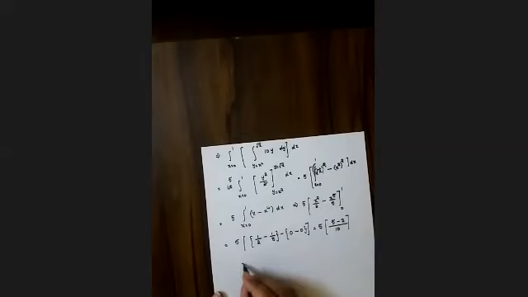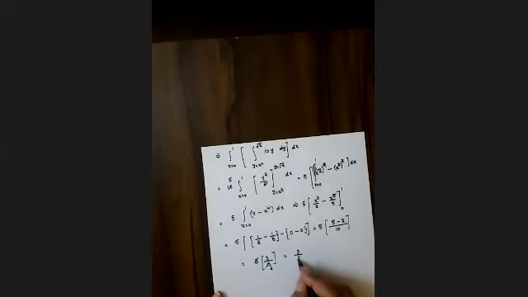So what is your value? 5 into 3/10, which is nothing but 3/2. So your RHS value is 3/2. That you take as equation capital A.